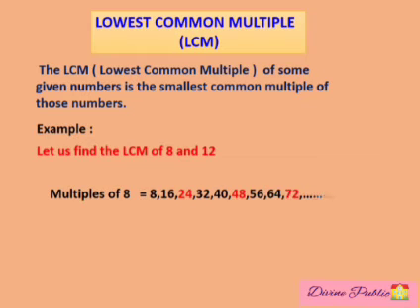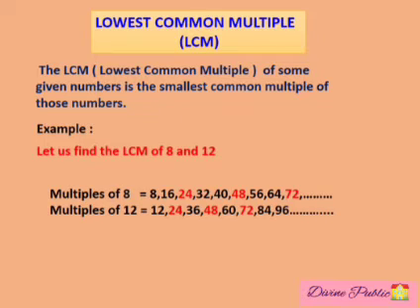Multiples of 8 are 8, 16, 24, 32, 40, 48, 56, 64, 72 and so on. And multiples of 12 are 12, 24, 36, 48, 60, 72, 84, 96 and so on.